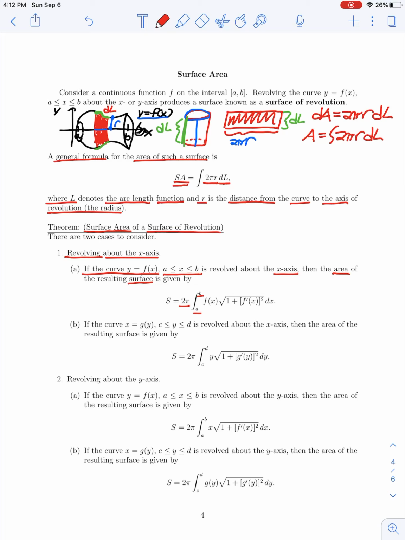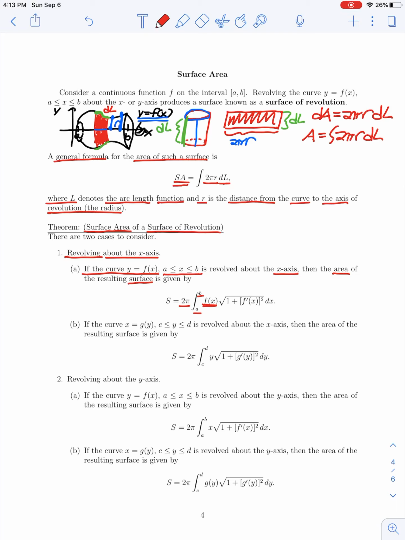So as I illustrated in my figure above, if we have the graph of a function y equals f of x, and we're revolving about the x-axis, then the radius of our cylinder is the distance from the x-axis up to the function, which is what we call y, or here, since y is defined by a function f of x, the radius of this cylinder will be f of x. And then we're supposed to multiply by the differential of arc length.